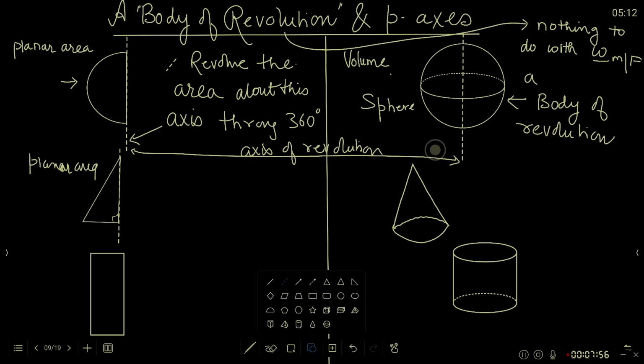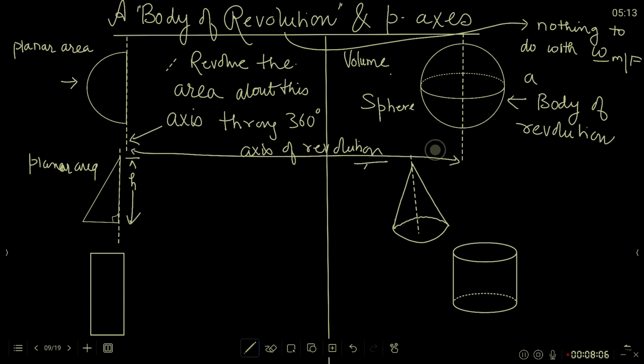The axis of revolution would be somewhere here. If this is h, this will become the height of the cone, and if this is b, this will become the radius of the circular base of the cone. Okay.